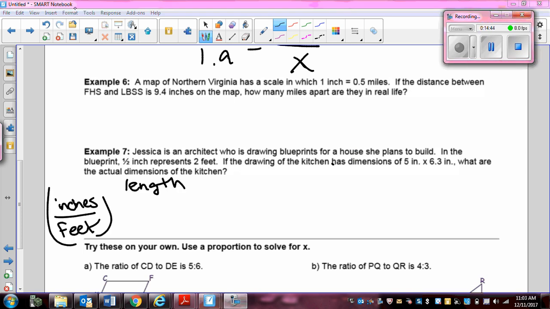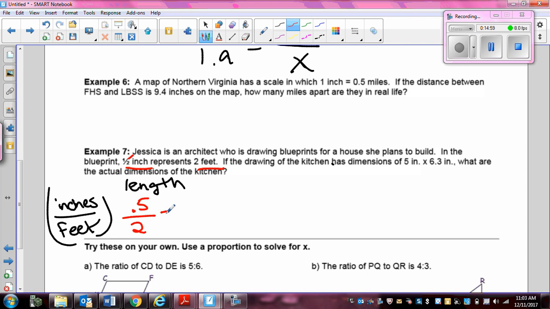In this problem, this is a multi-step problem. You need to look at the conversion, which is 1/2 of an inch per 2 feet. So that's going to be our conversion. We're going to make that our fraction, 0.5 like I had before, divided by 2 feet equals, and we're just going to look at the length first. It has length times width. So my length in this case is 5 inches.